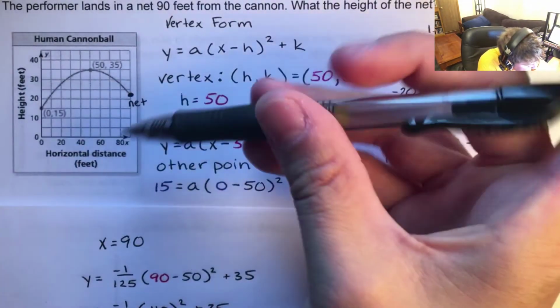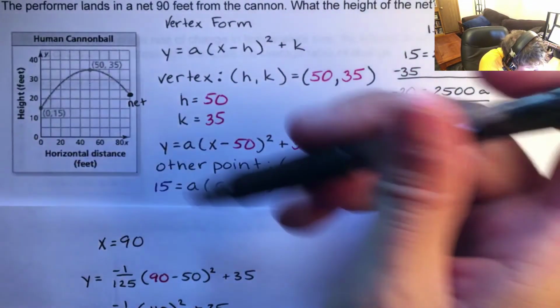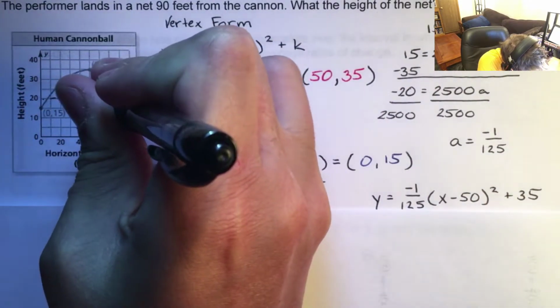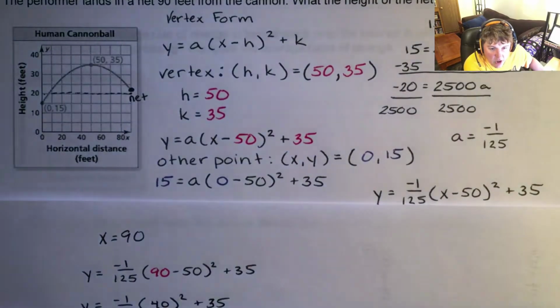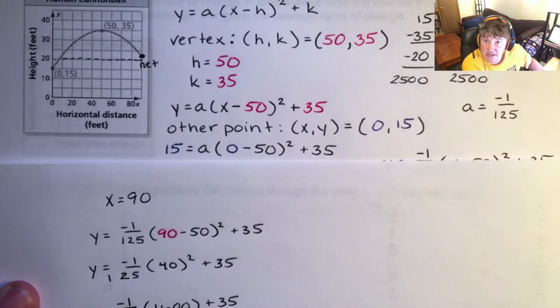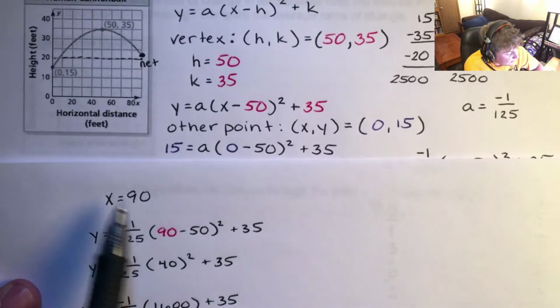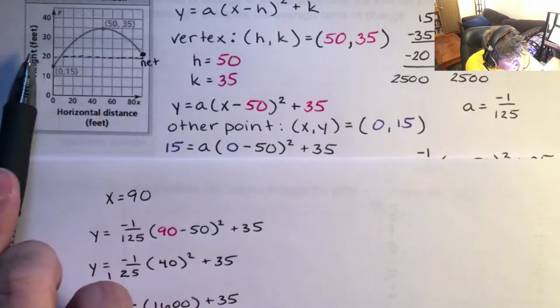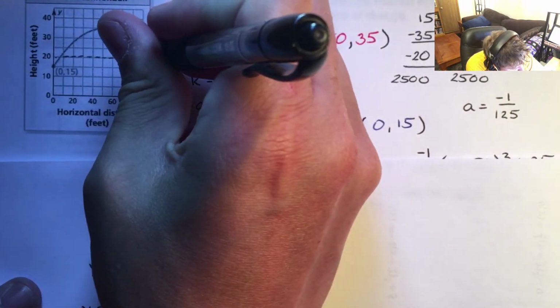So let's take a look here. Here's 20. Does our answer of 22.2 feet above the ground seem reasonable? Based on knowing that this line is 20 and this one's 30, this one would be 25.